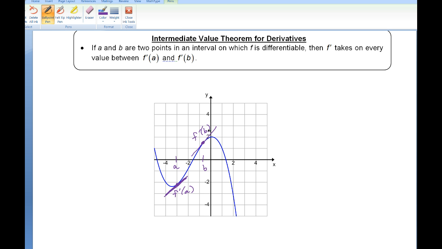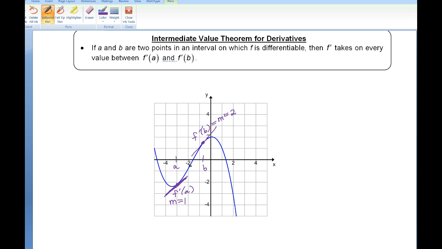One more time. Let's say my slope, just as an example, was 1 here, and here my slope was 2. So that means somewhere in between A and B, there has to be a slope of 3 halves. How would we get 3 halves? I just picked a number between 1 and 2.